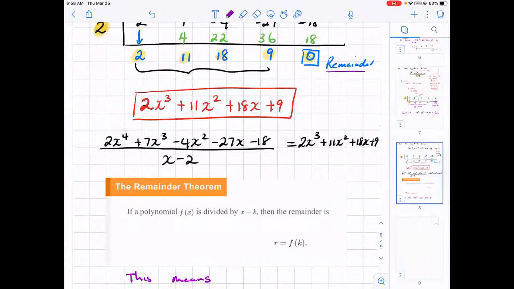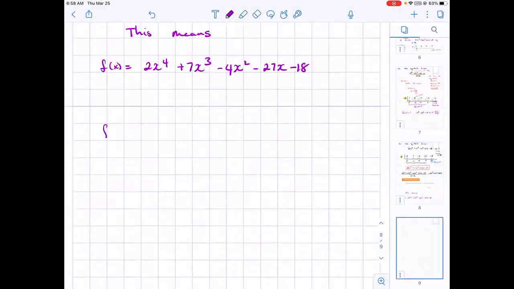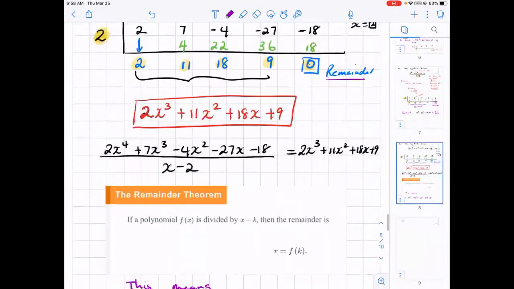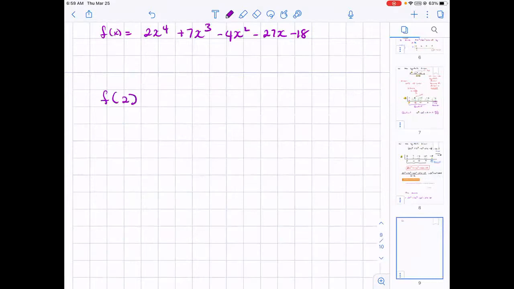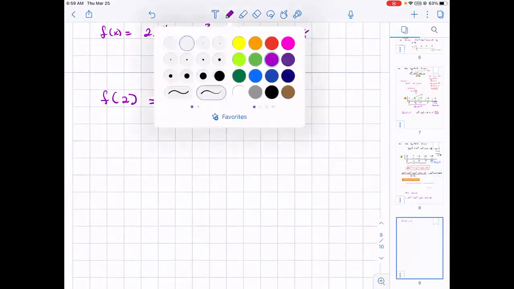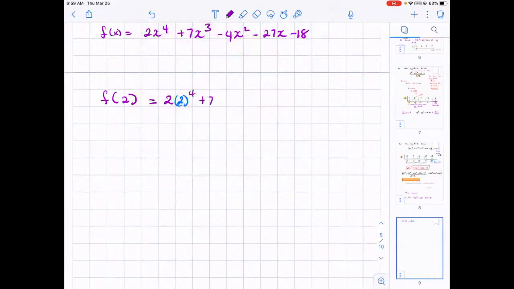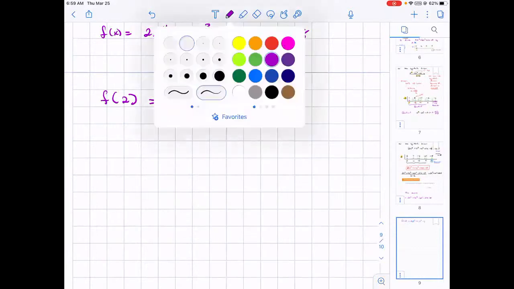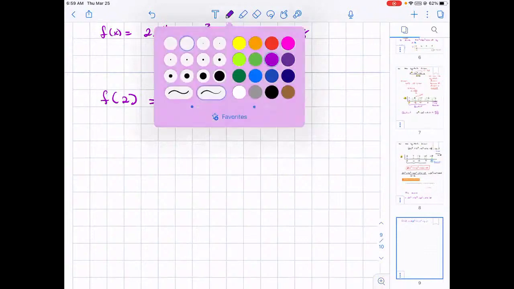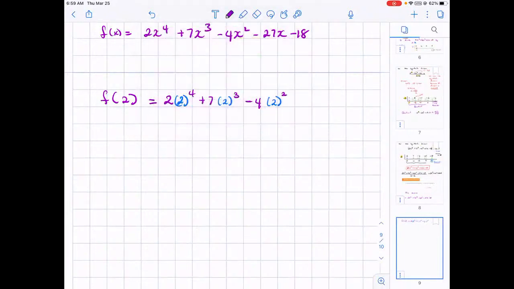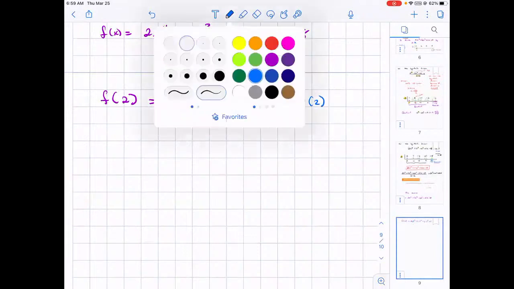Now, our divisor here was 2. What is f of 2? f of 2 would be 2 times 2 to the 4th power plus 7 times 2 to the 3rd power minus 4 times 2 to the 2nd power minus 27 times 2 and minus 18.